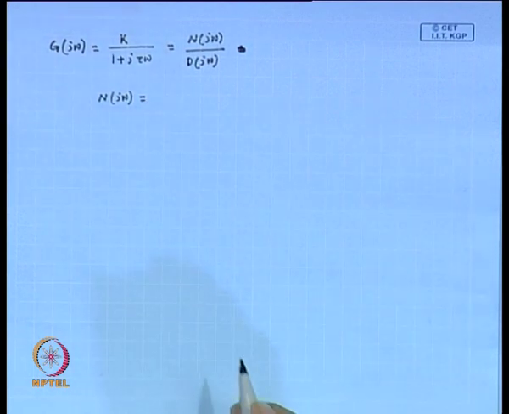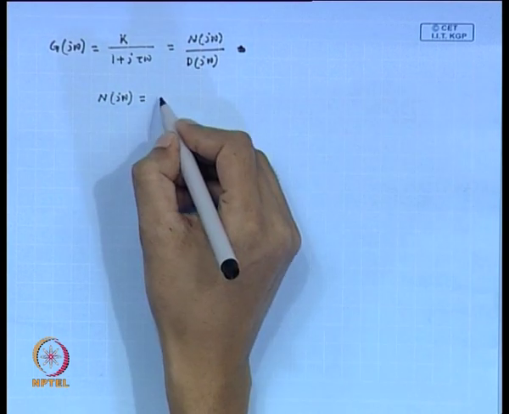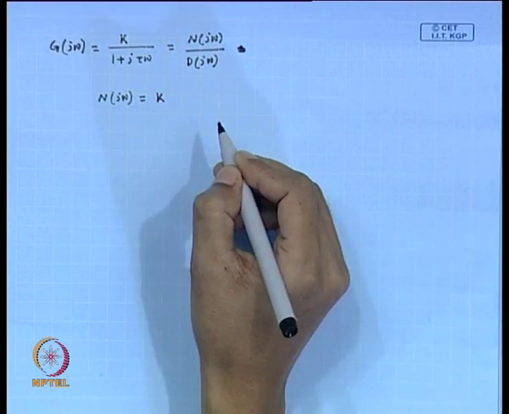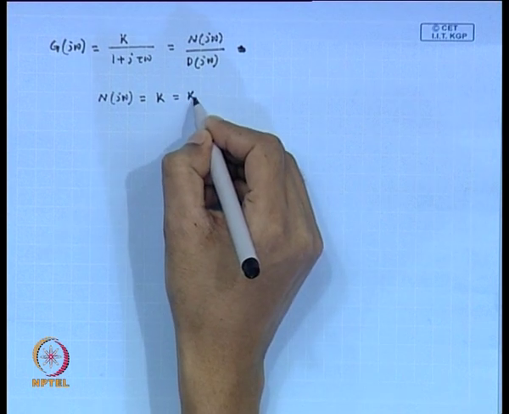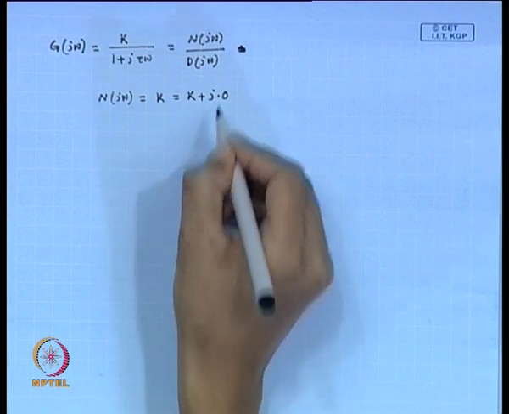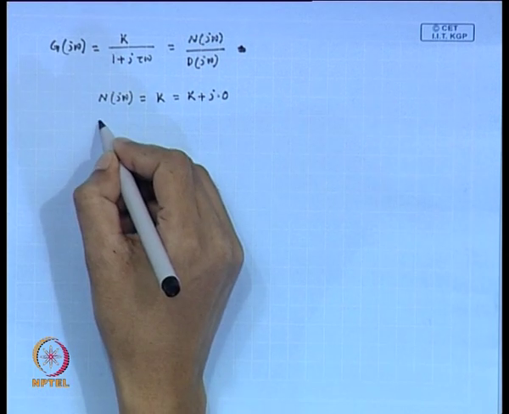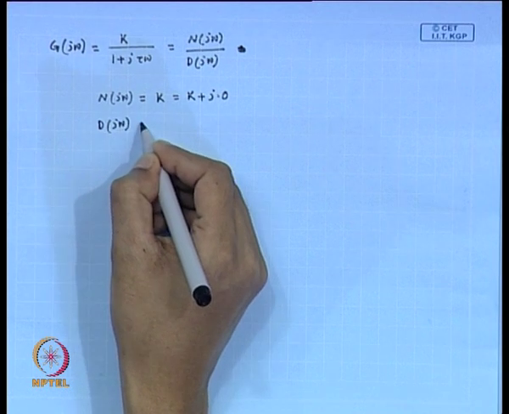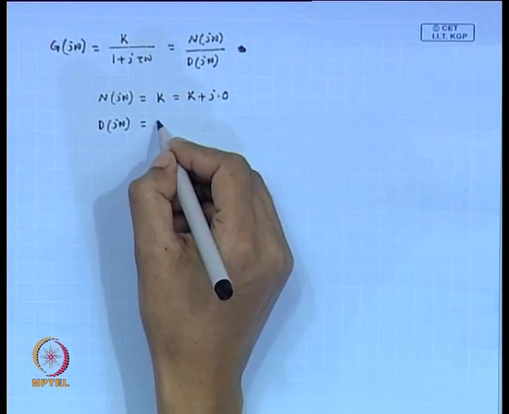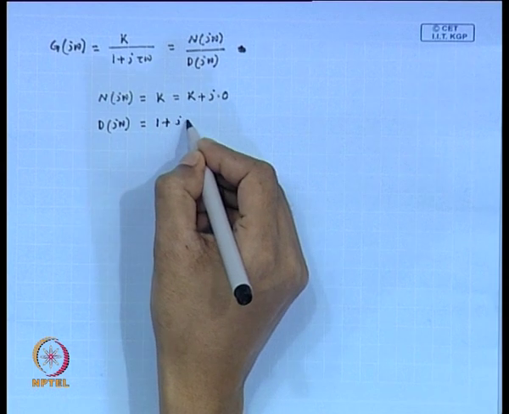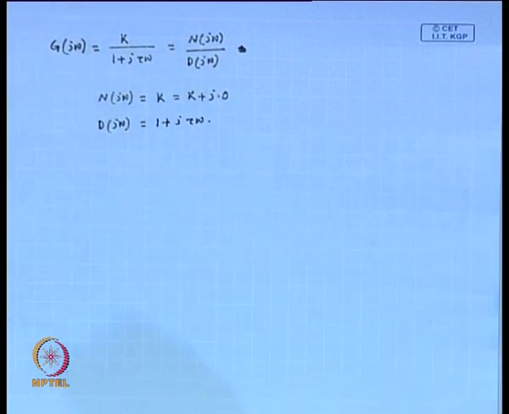Now, what is N(j omega)? N(j omega) is equal to K. So, we can write this as K plus j multiplied by 0, and we can write the denominator as 1 plus j tau omega.